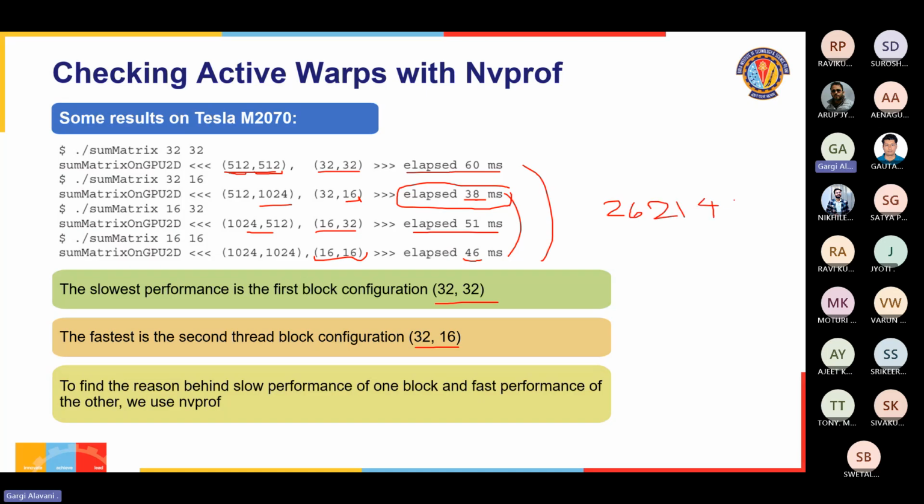When you execute this code on an architecture which has 13 SMs, out of these many blocks, 13 blocks will get assigned in the first cycle, and in the next cycle another 13. If the same code is run on a GPU which has 64 SMs, in one cycle 64 blocks will get assigned. So scaling is inbuilt in the way the CUDA program is designed. Is it clear?